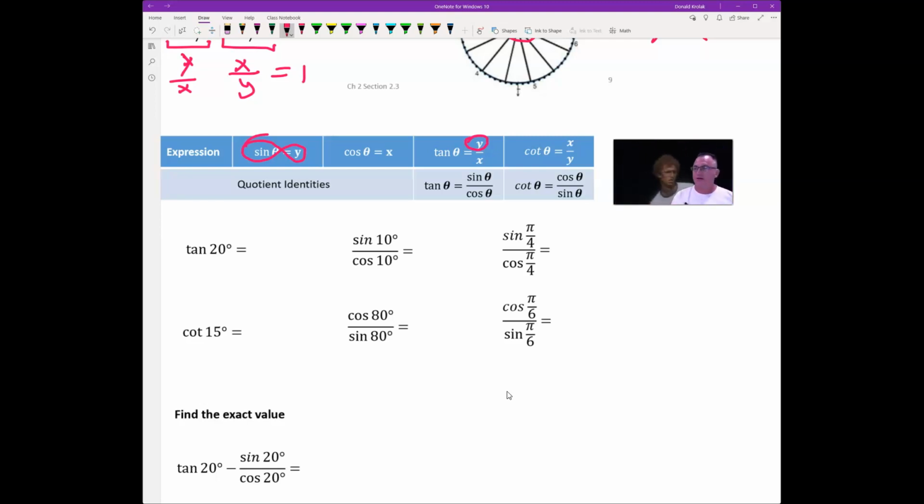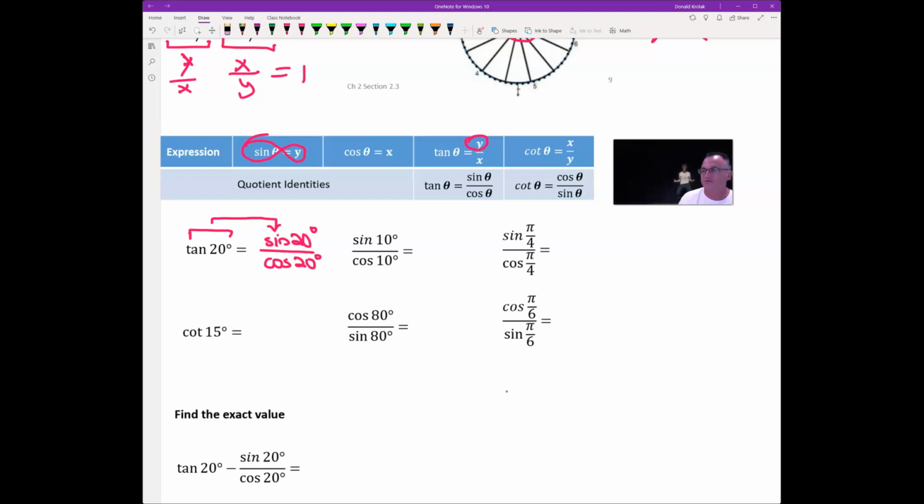All right, so the tangent of 20 degrees. I don't want the value. I'm just going to write it a different way. I'm not asking you to find the exact values on these. I didn't write any instructions here. I probably should have. But this would be this. I could rewrite that as the sine of 20 divided by the cosine of 20.